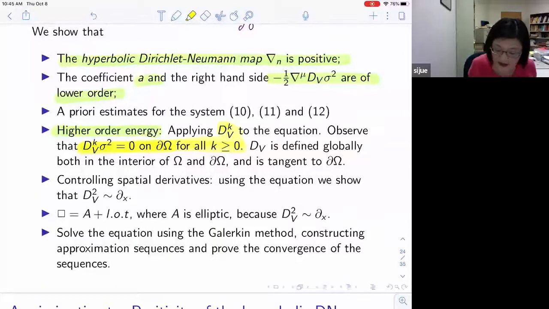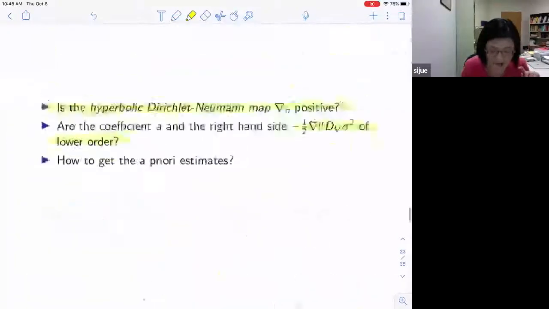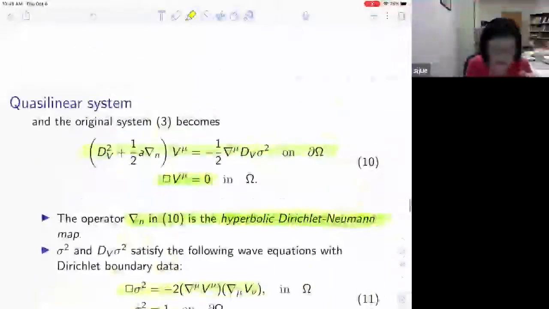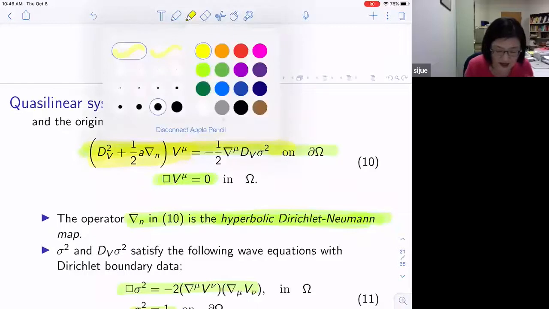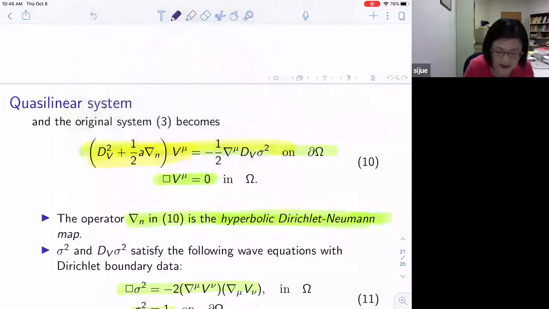We use the equation to show that dV squared, 2 material derivatives, is equivalent to one spatial derivative. Why is that? Again, this is because here the left-hand side is a higher order term, and this is 2 material derivatives. So here we have 2 material derivatives, here we have 1 spatial derivative.